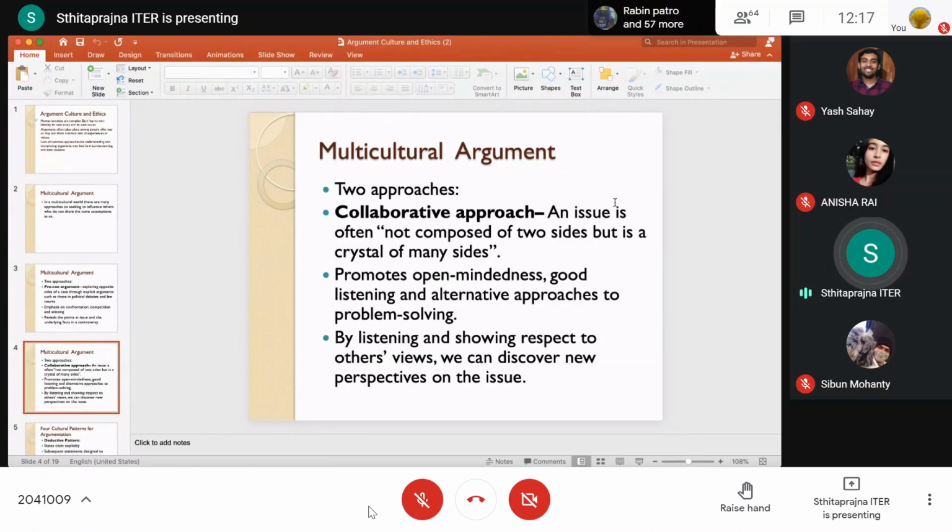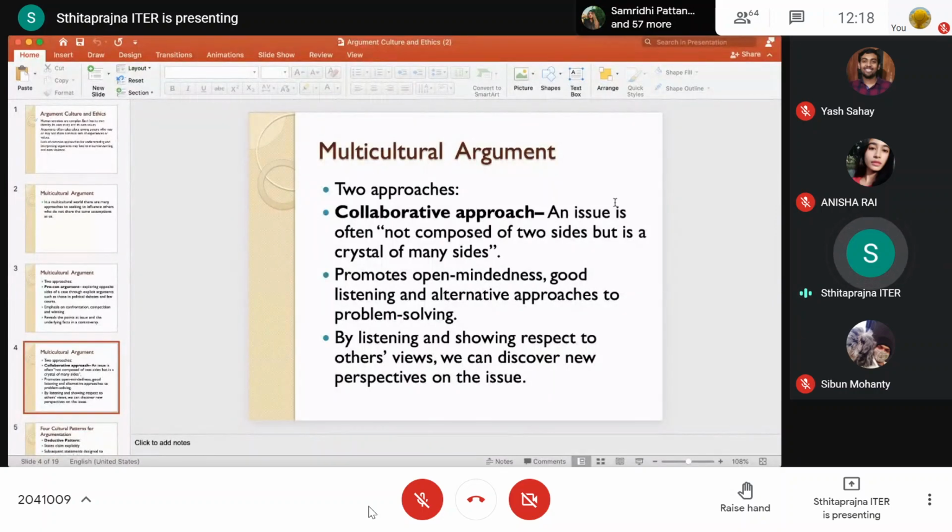And this could mean multiple perspectives, could also mean a lot of contradictory views. So ultimately, what we do in a collaborative approach is we try to reconcile all these contradictory opinions and try to reach the most reasonable solution. So collaborative approach, which could be an offshoot of your dialectical perspective of argumentation, gives you a broader view of an issue.